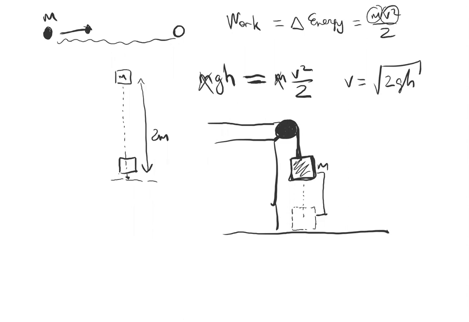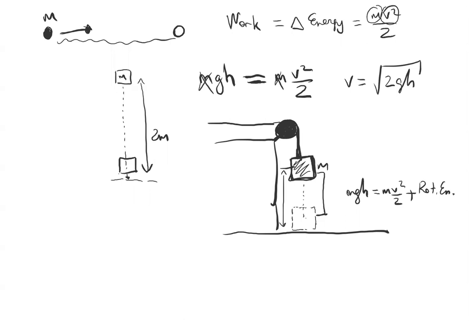Some amount of energy that this box had in the beginning, some amount of that mgh, will go into its velocity, but there will be some part that will be spent on rotational energy of the pulley. So let's call it rotational energy.